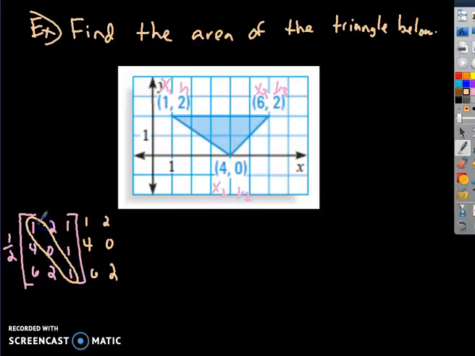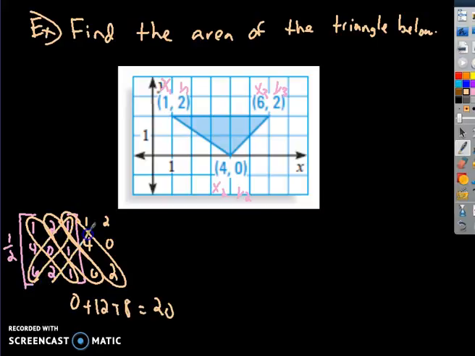This is my first diagonal. This is my second diagonal. This is my third diagonal. So this is 0 plus 12 plus 8. This is 20. And then my other diagonal is here, and here, and here.